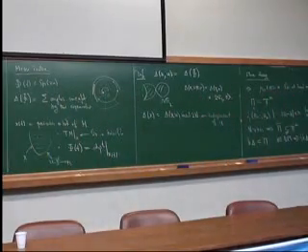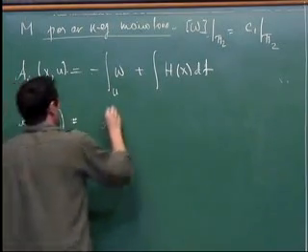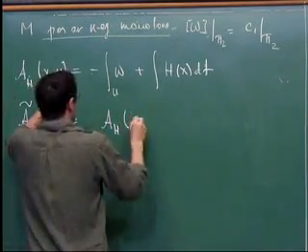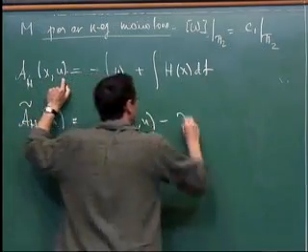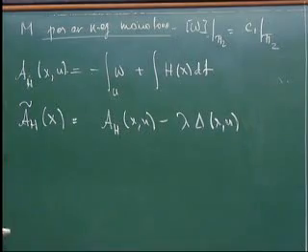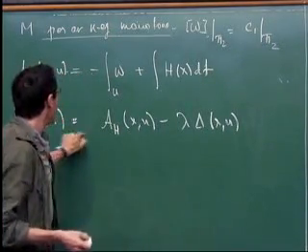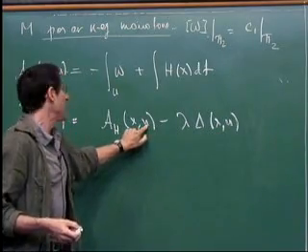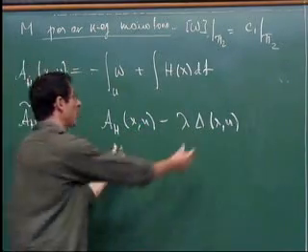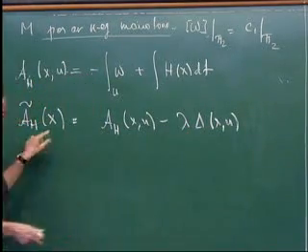So let's take now the action and subtract lambda times the mean index. This eliminates any ambiguity. This thing is independent of u. When I change u, when I attach a sphere, both terms change in absolutely the same way. So this is a well-defined thing.